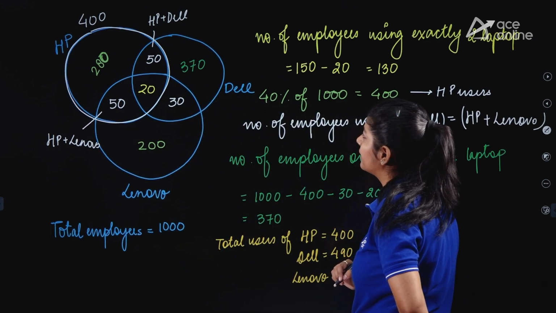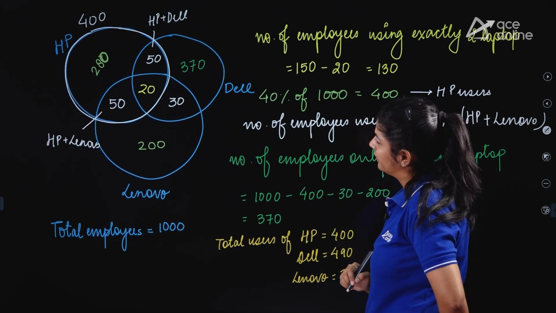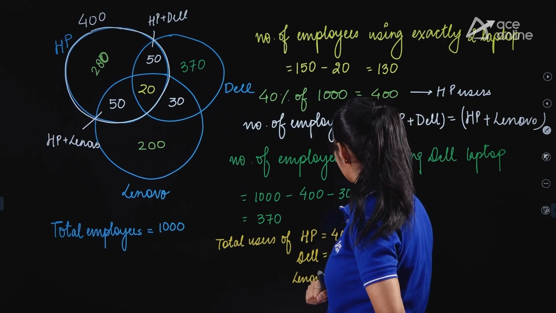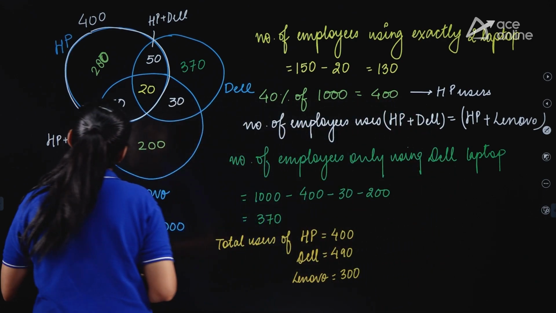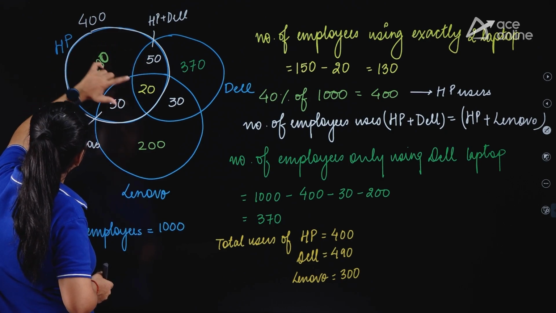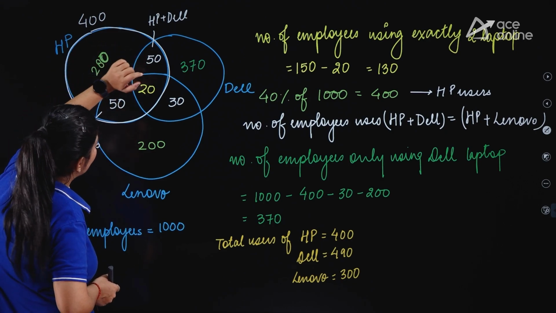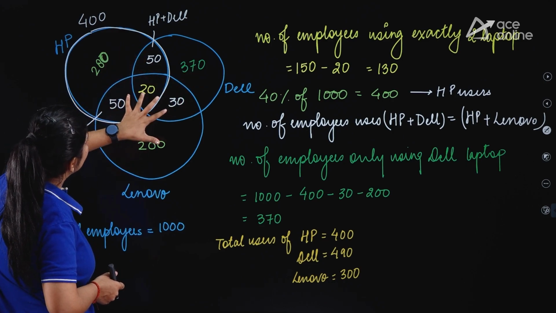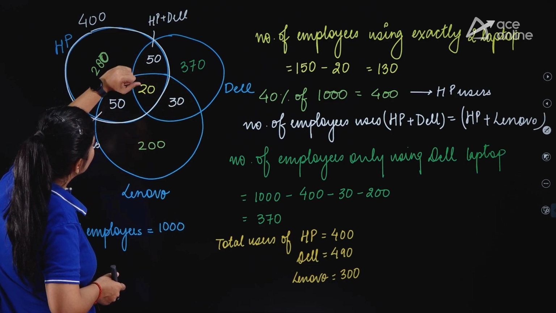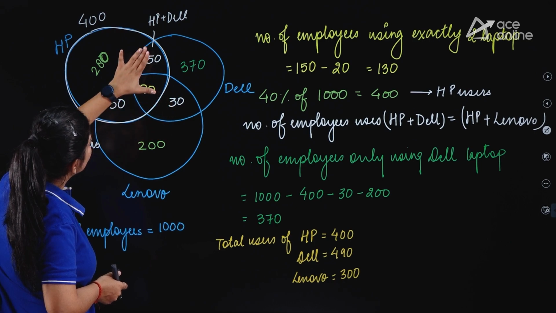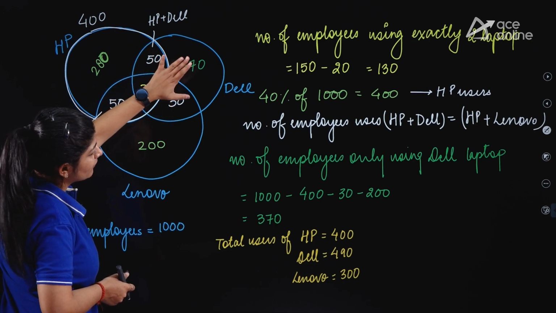Okay. We made a calculation mistake. Wait. Here we have 100, 300, 400. Okay. Here we have 370, and 50 and 50, that is nothing but 100. 100 and 370 is 470.